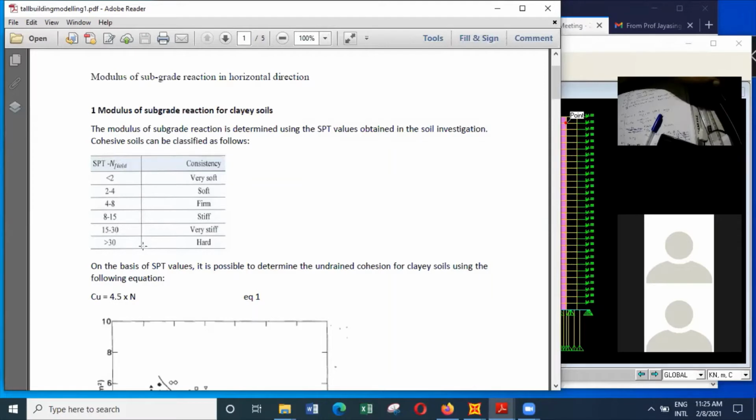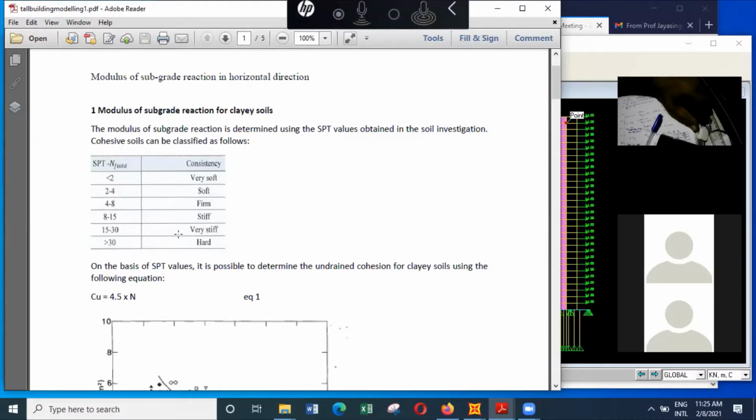So when you know the type of soil, our intention is to find the spring constant that we can use to represent the resistance given by the soil in the horizontal direction. So that is the horizontal subgrade reaction.